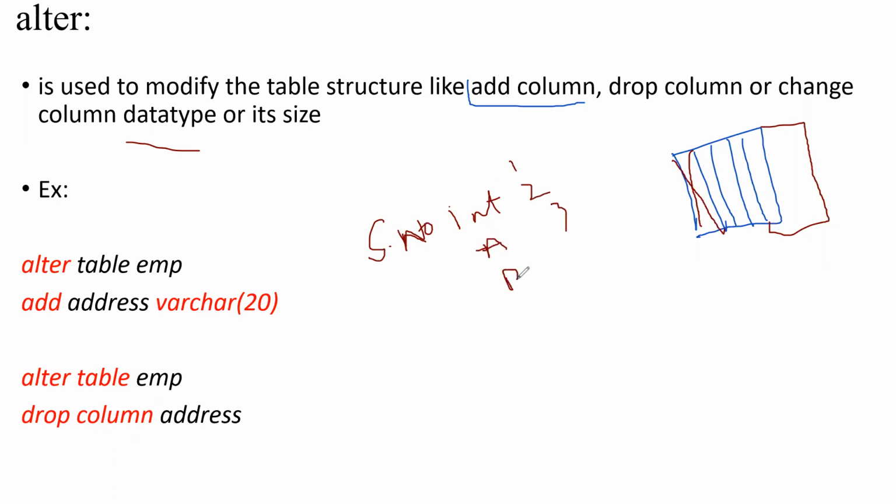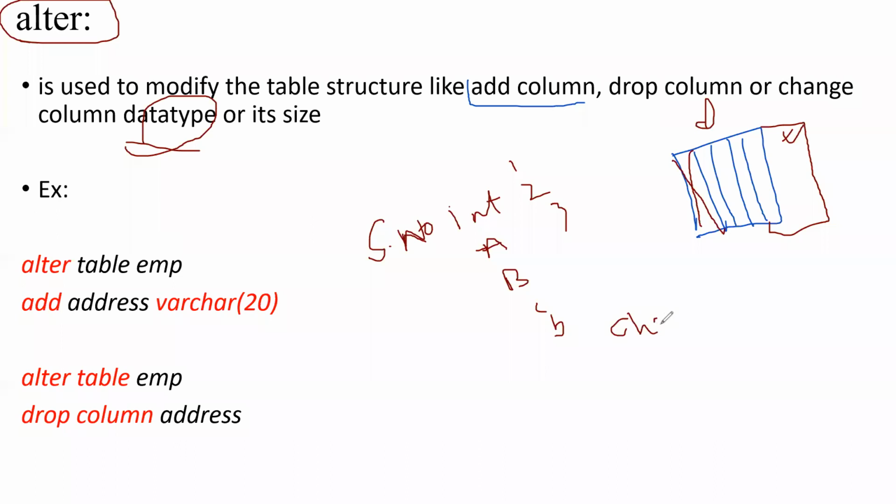Then I can change the data type using alter. Alter is nothing but modification. Either I can delete or I can add or I can change the data type and its size.